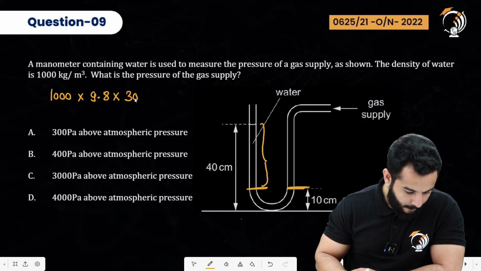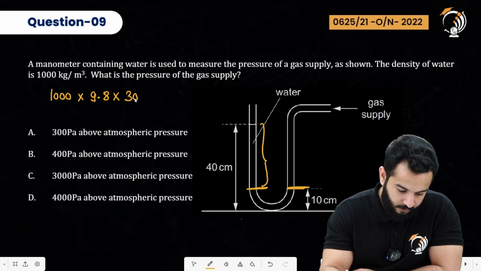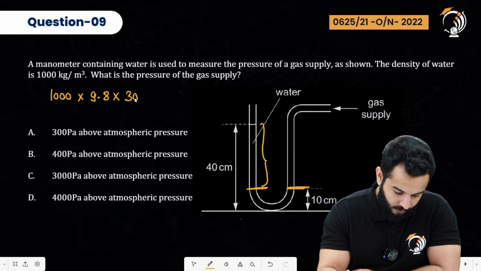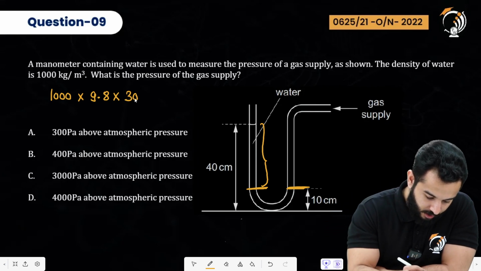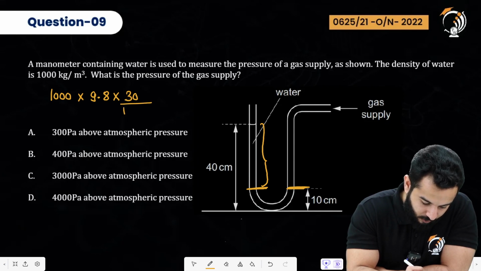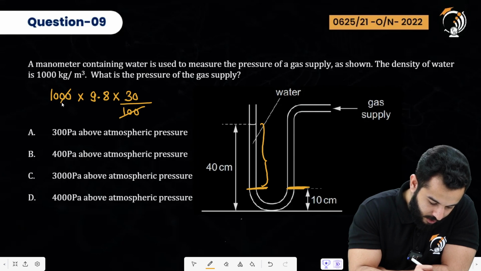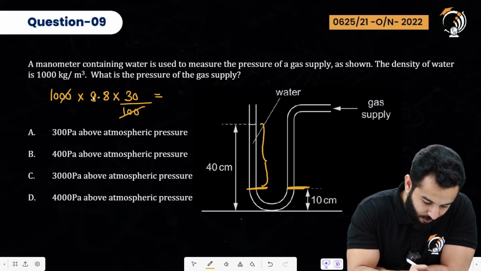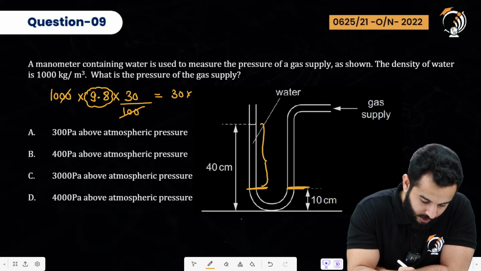Hopefully we have done everything correct. By the way, this is in centimeter, so we'll have to keep that in mind. This is in centimeter, so we will divide by 100. Now if I take g as 10, that will be 30 into 100, that is 3000.